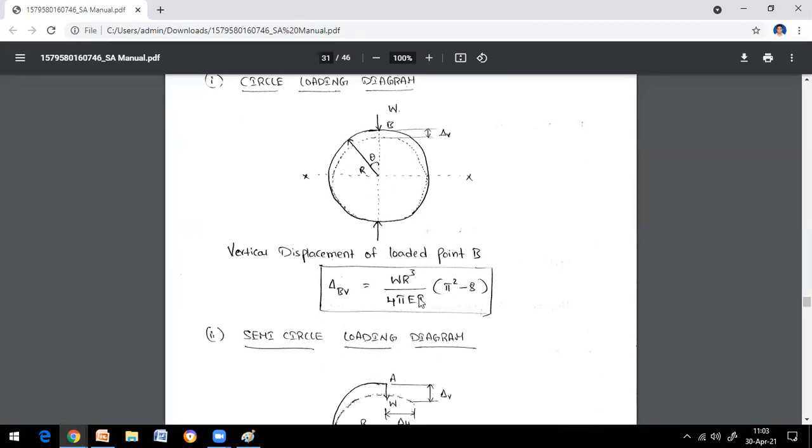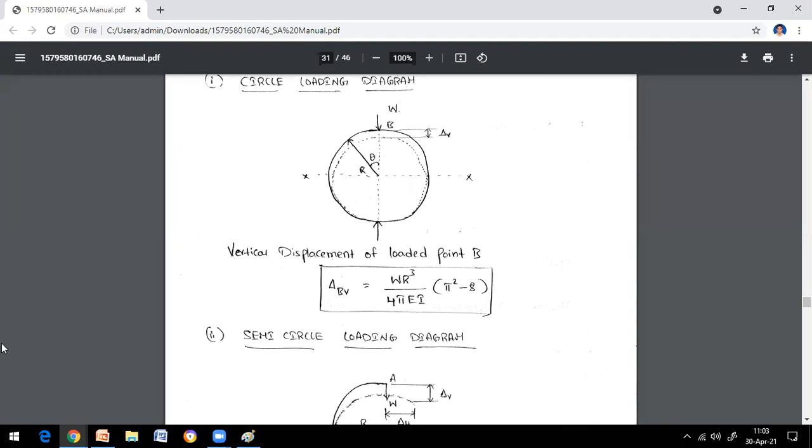E is the Young's modulus of the beam, which is made up of steel. And I is the moment of inertia of the beam. If the beam has a square cross section, the moment of inertia is B D cube by 12, where B and D are the same.